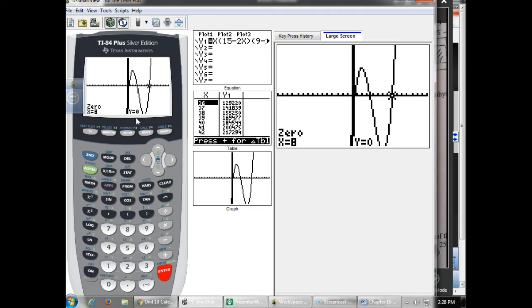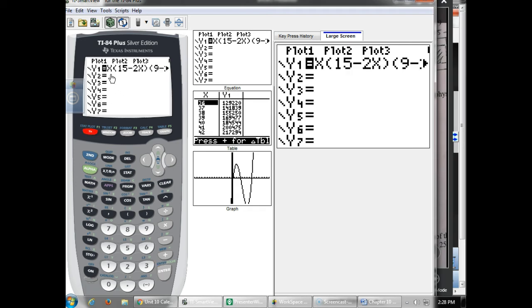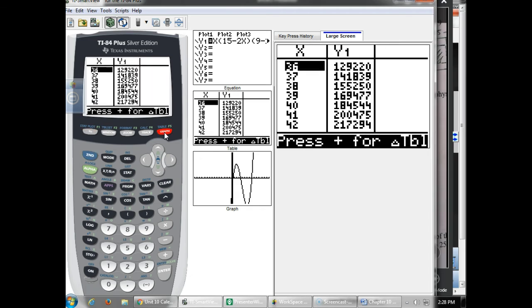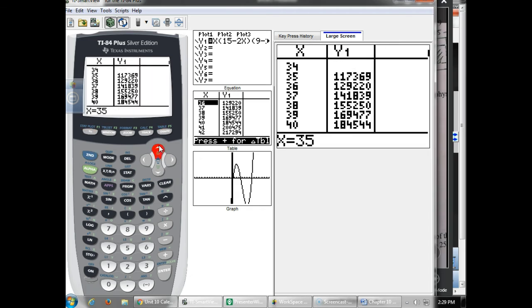Okay, so far I found 3.5 and I found 8, and I'm not quite sure what's going on over here. It's not in standard form, so I have to go and look at the data table and see what's happening. So do I have a root at 0 is what I'm trying to figure out.